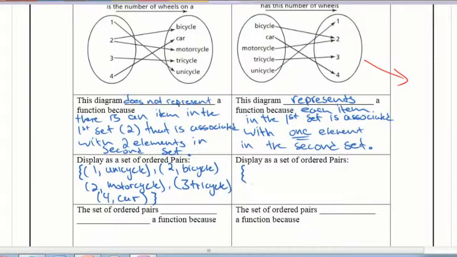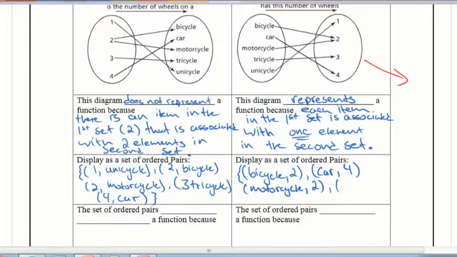If it's a set, I have my squiggly bracket. I don't like that one. Try again. So I had bicycle, 2. Car, 4. Motorcycle, 2.